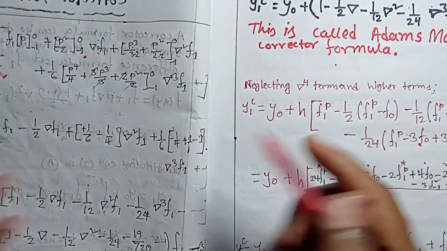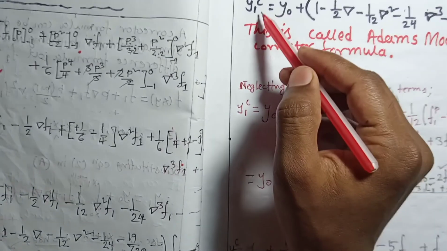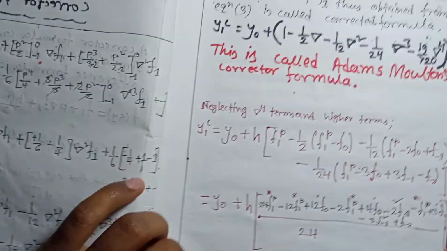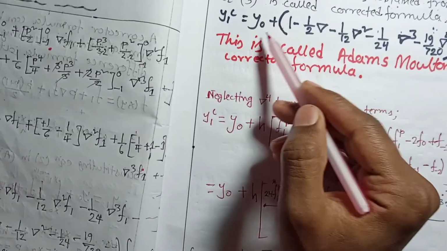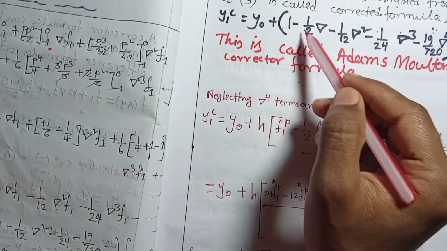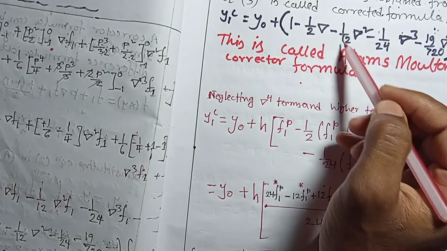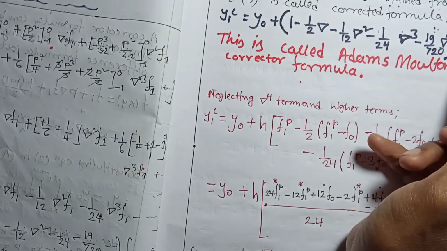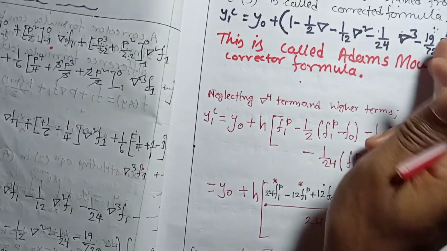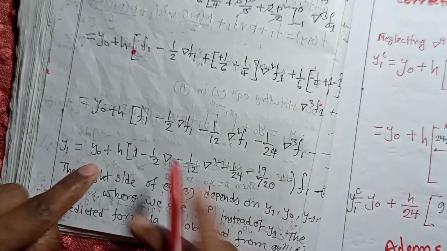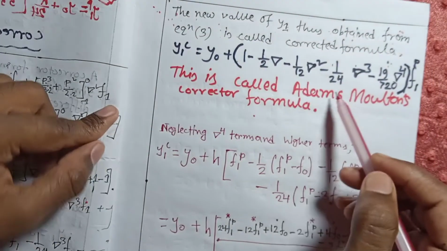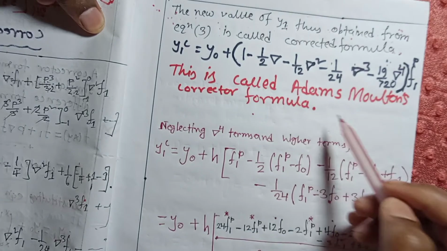Now this is called the corrector formula. y1 of c equals y0 plus h times f1 minus half nabla f1 minus 1 upon 12 nabla squared f1, taking f1 common. This is called Adams-Moulton's corrector formula.